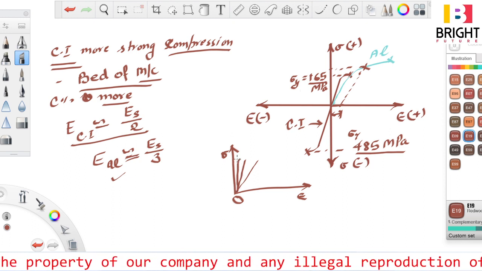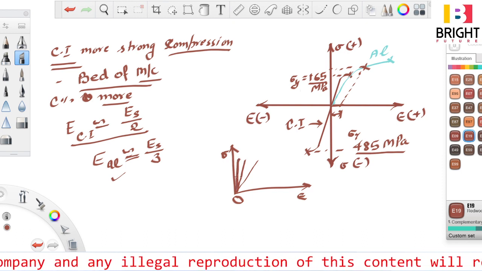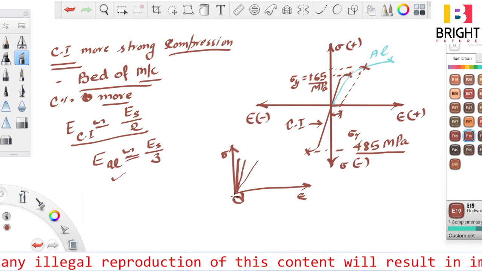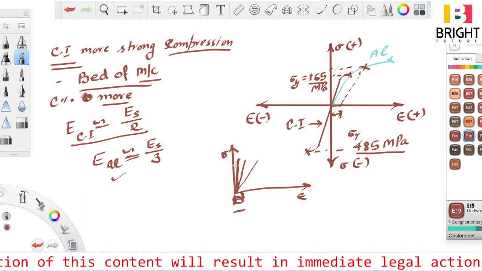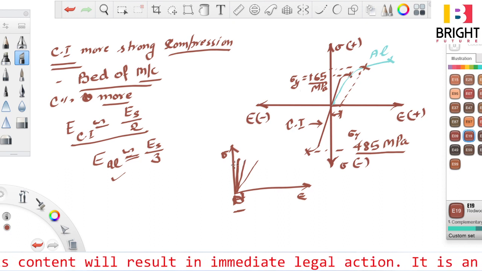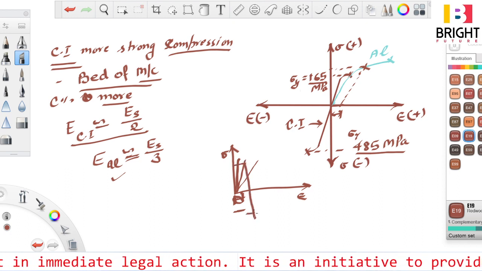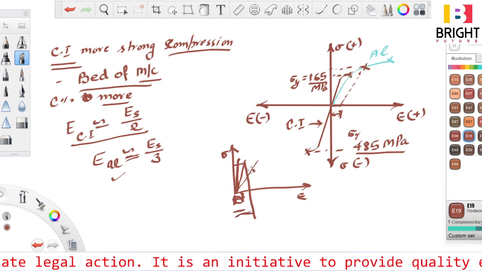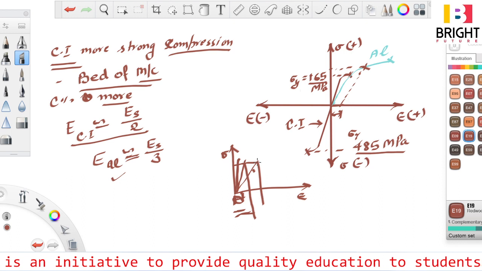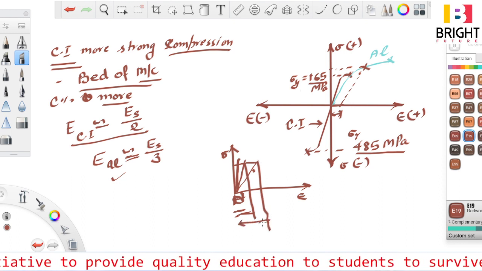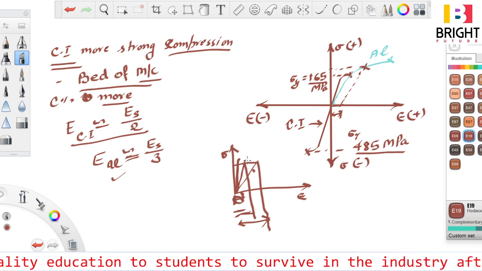Are you getting my point? I'll repeat again: in this particular material, a very small amount of strain will create much more resistance. In this material, this much stress is produced by this much strain. However, in this other material, this much stress is produced by this much strain. So what it means is the response of the material to the strain.